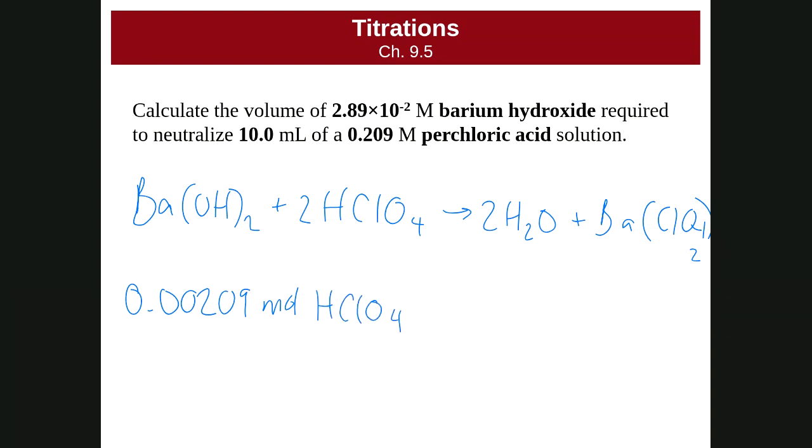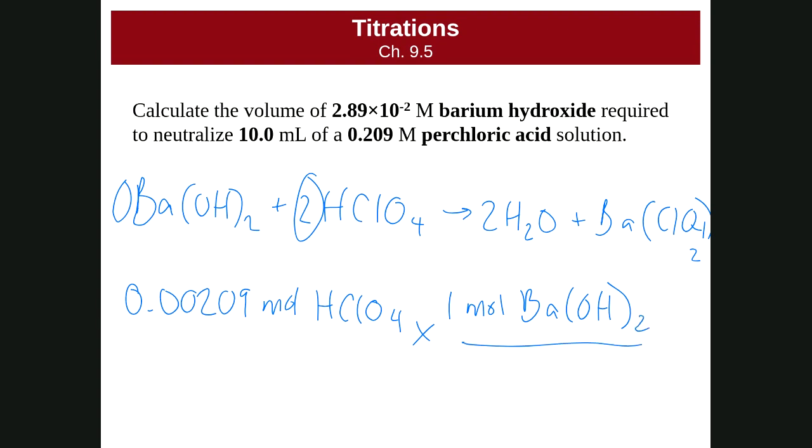And we can tell from our balanced equation that we have a 1 to 2 ratio of barium hydroxide to perchloric acid. So that means that we have 0.001045 moles of barium hydroxide.